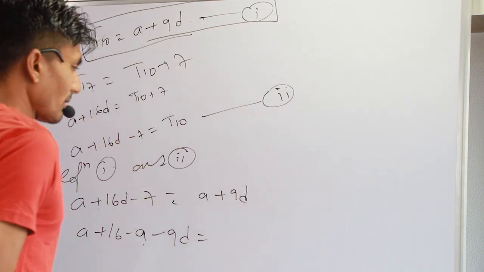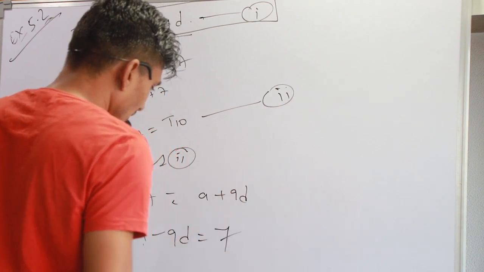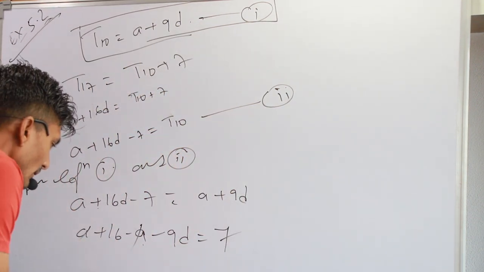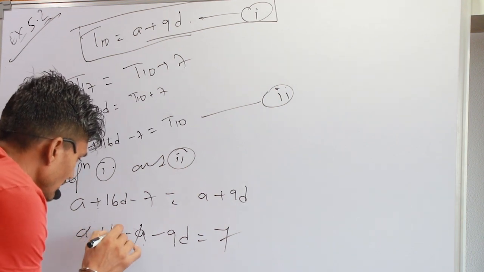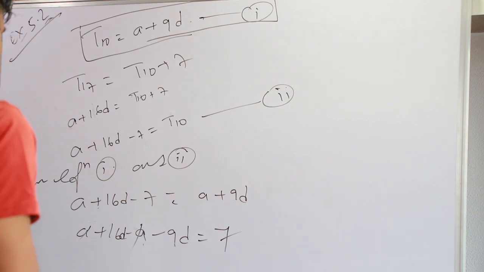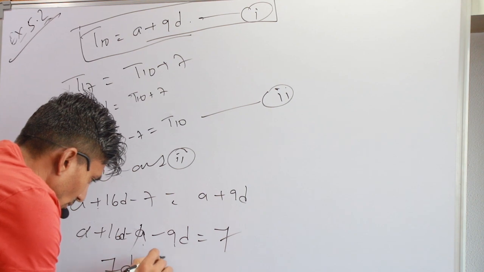Because if the 7 changes its side, it will contain the positive sign. So we are writing only 7. Here A minus A will cancel. 16D minus 9D is 7D, so 7D equal to 7.